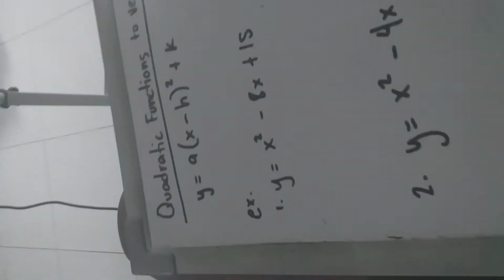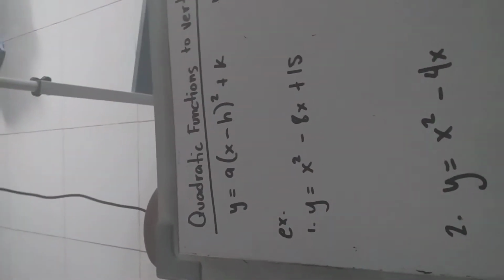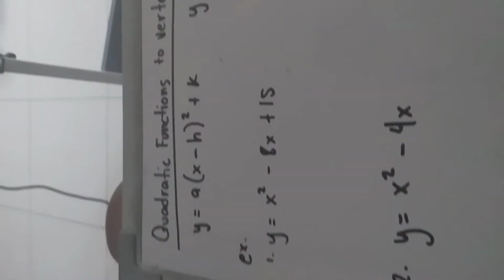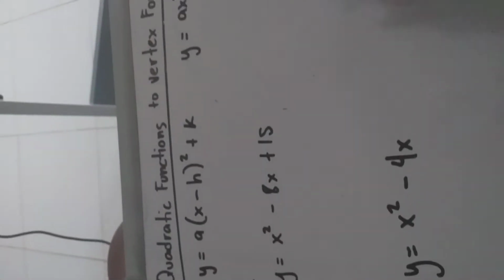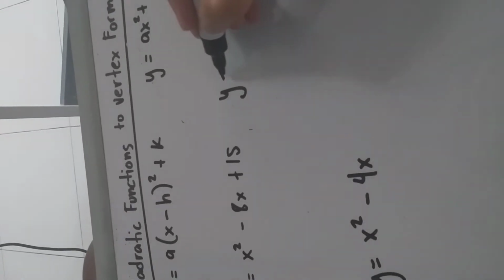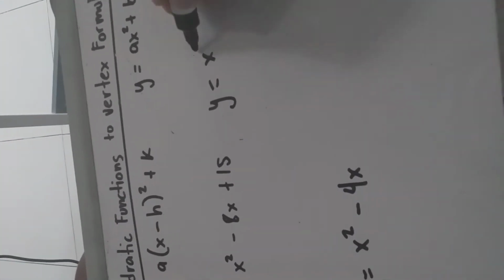Okay, so our first example is y is equal to x squared minus 8x plus 15. The first thing we need to do is to rewrite the equation: y is equal to x squared minus 8x plus 15.